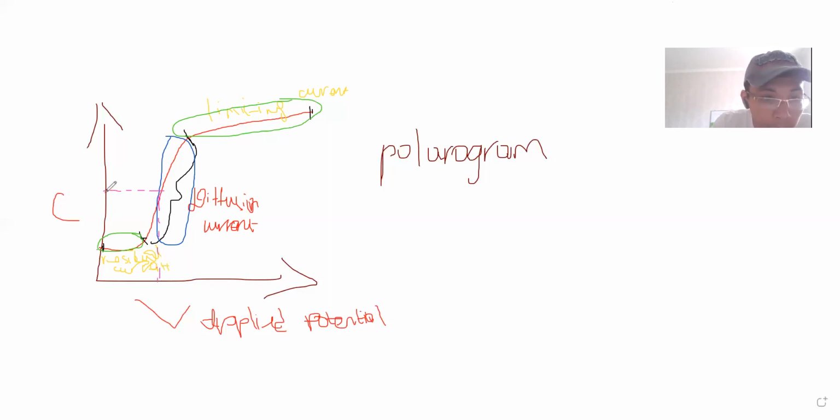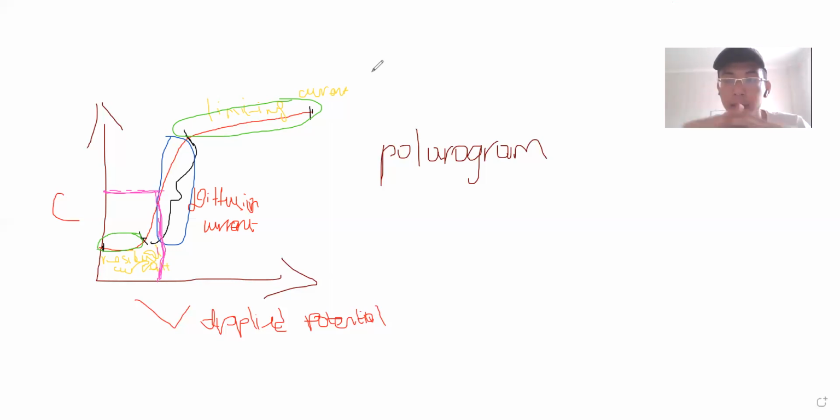As you can see here, my result looks like this, but it doesn't mean you'll get the same result. It's just an example. You have to draw it more carefully. So, as you might guess, half-wave potential doesn't mean the full result.